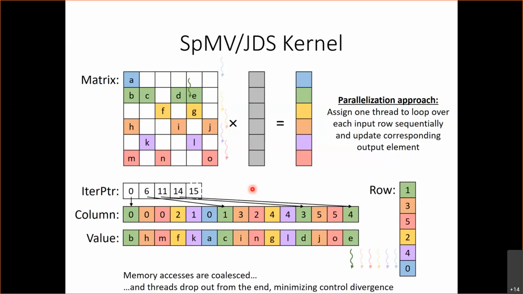So even though our accesses are coalesced, some of the values in that coalesced access are actually not used. Whereas with JDS, we have coalesced accesses, but we also fully utilize the coalesced memory request. So it's even better than ELL when it comes to coalescing. At least it's the same when it comes to coalescing, but we have fewer memory requests because we're fully utilizing memory requests. And what about control divergence?